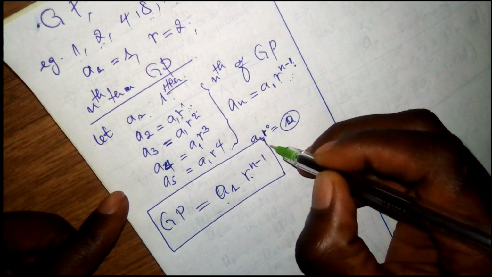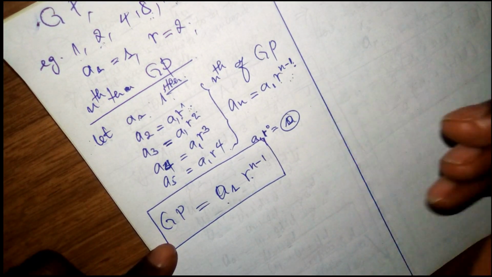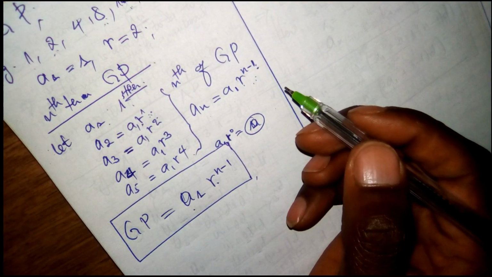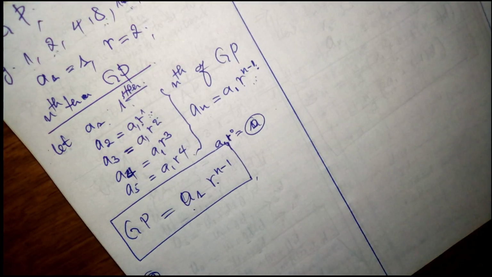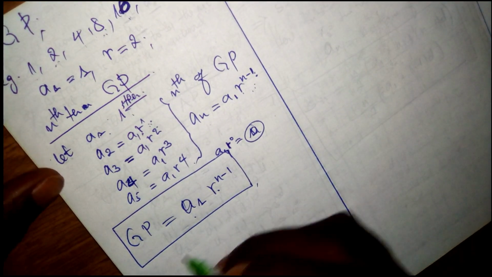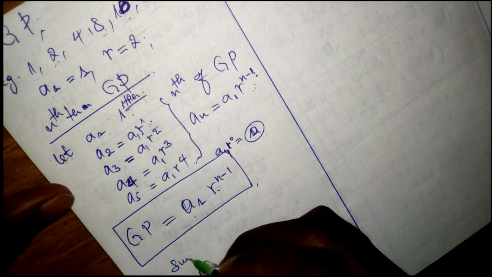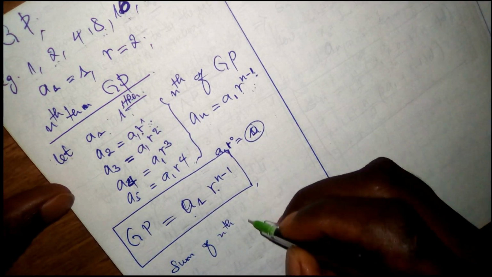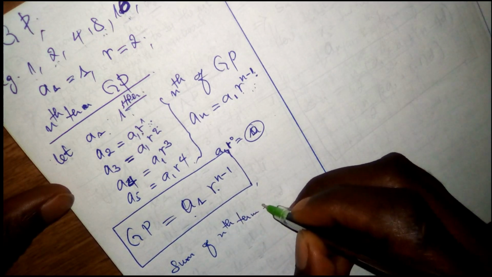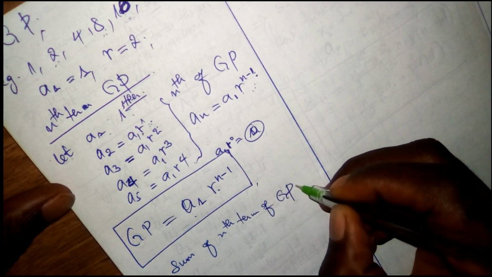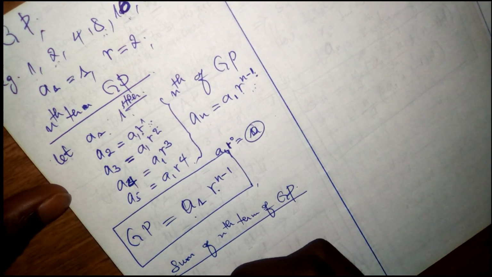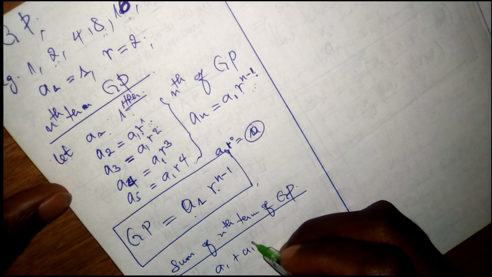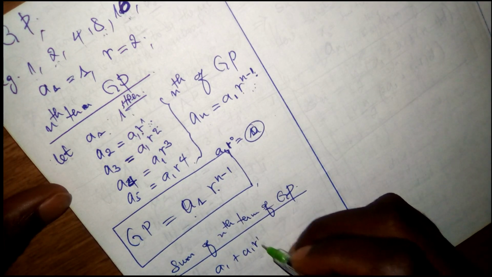Number 2, let's also see the sum of the nth term of a geometric progression. Sn will be equal to a1 plus a1 r power 1 plus a1 r power 2 plus up to a1 r power n minus 1.